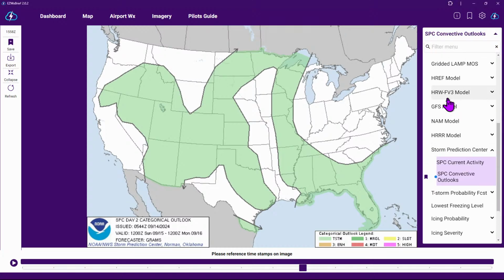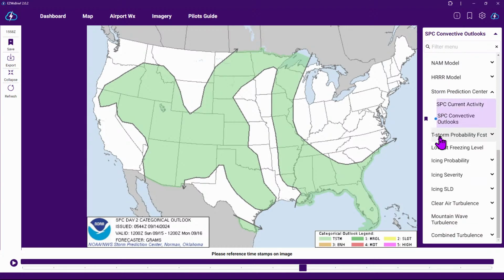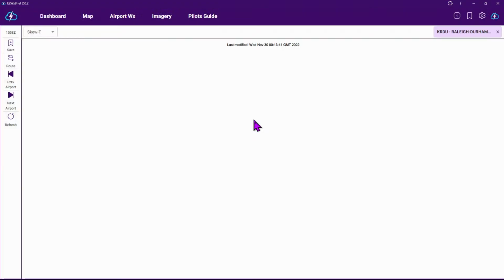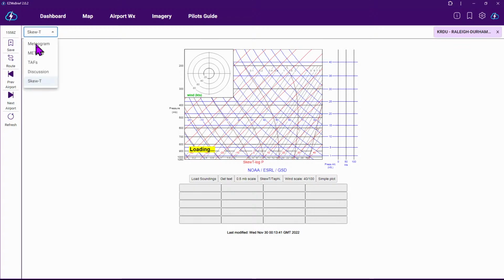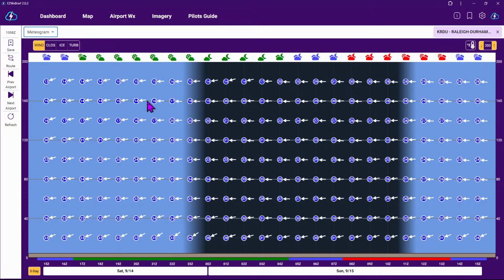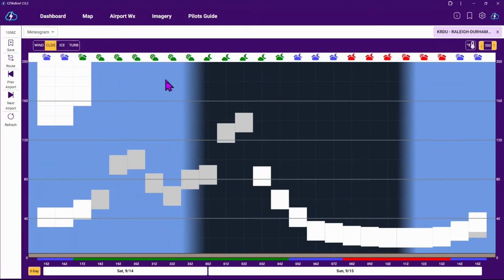If we look at, for instance, the other element of this, in fact, let's just do that now. Let's go ahead and look at the airport. Let's go to Raleigh-Durham. I'm picking kind of the middle of the road, and let me just go to the meteogram here. And specifically, we can look at clouds here.